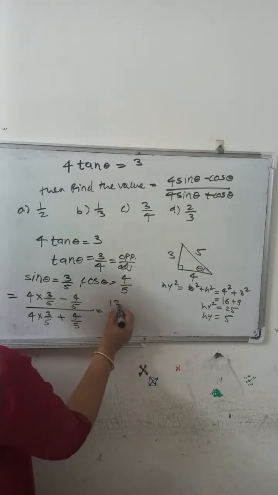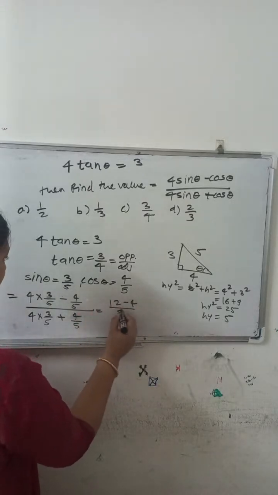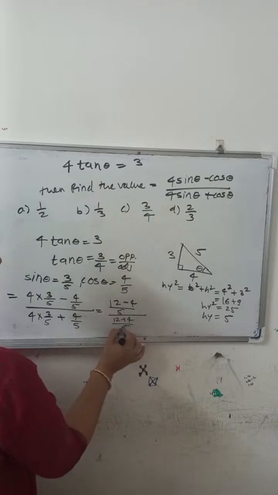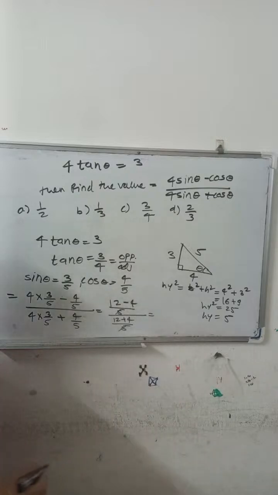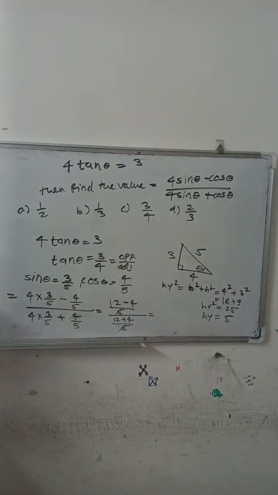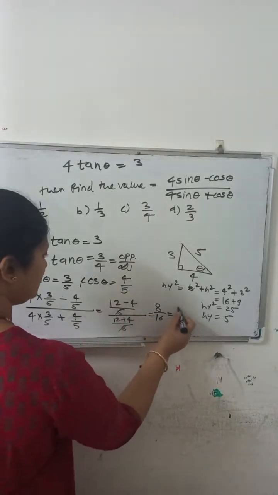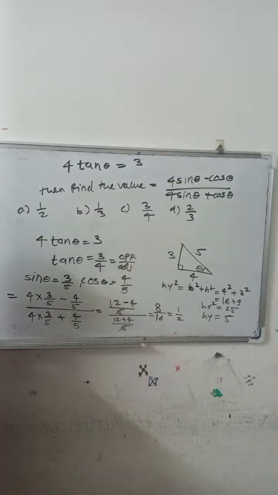So (12 minus 4) divided by 5 over (12 plus 4) divided by 5. This 5 and 5 will cancel after taking the reciprocal. So 12 minus 4 is 8, and this is 16. So it will come 1 by 2. So the option is A, that is 1 by 2.